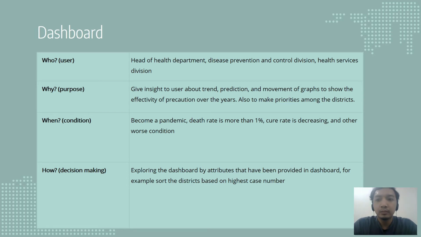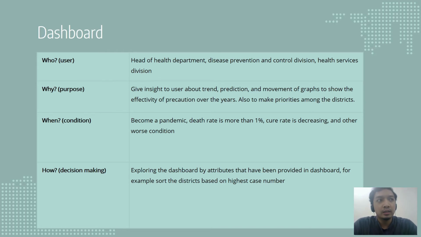So next, why did I make this dashboard and for what? It's talking about the purpose of this dashboard, and it can give insight to users about trend, prediction, and movement of graphs to show the effectiveness of precautions over the years. Also to make priorities among districts.